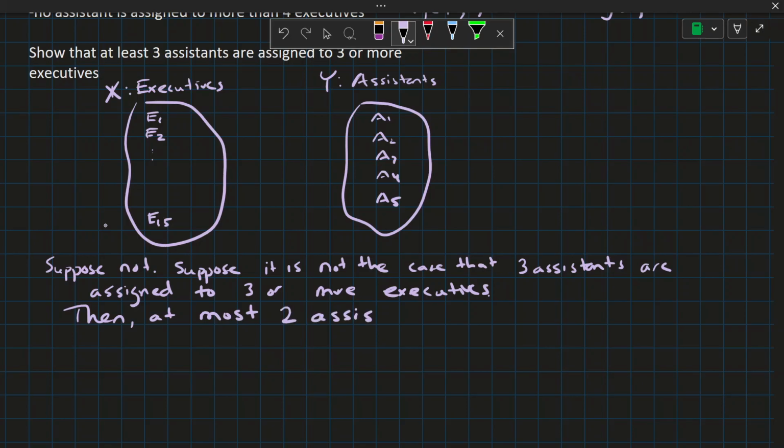Well, that means that at most 2 assistants are assigned to 3 or more executives.